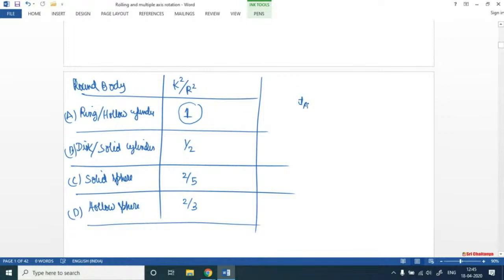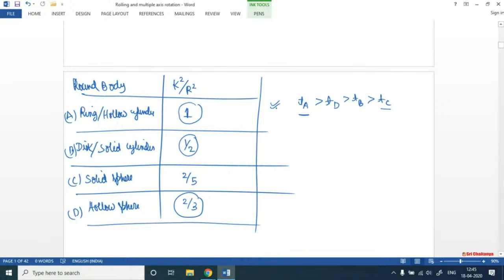After that we have 2 by 3 as the next greatest value, so tD would come after that, then tB, and after that tC. So if we roll all these bodies down the incline, this one will reach first and this one will reach last.